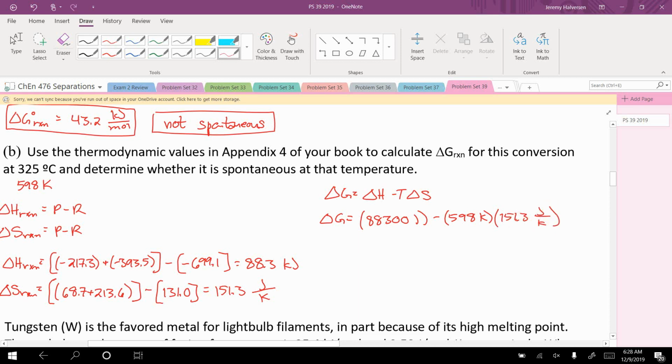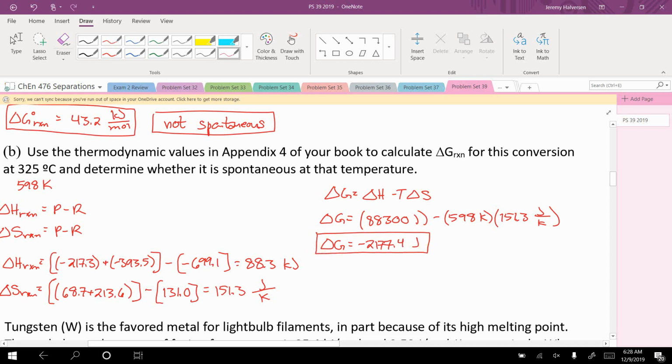So now I get that my delta G equals negative 2177.4 joules.